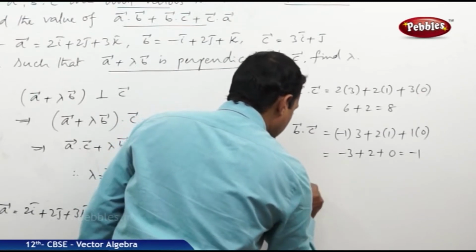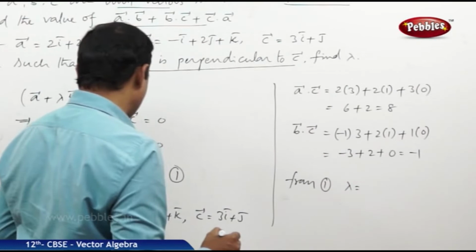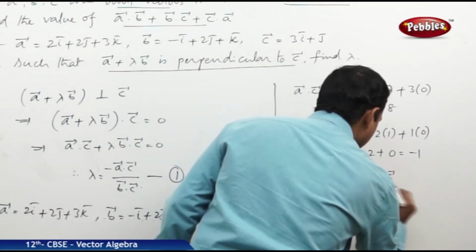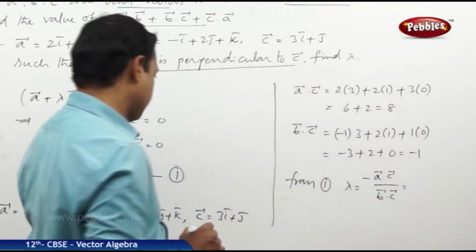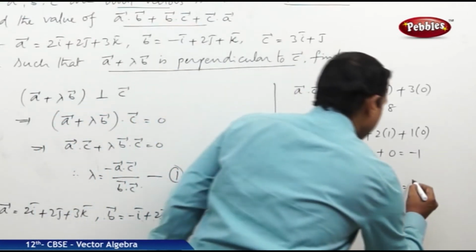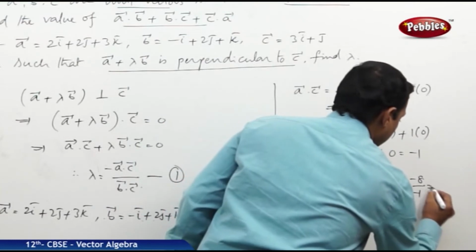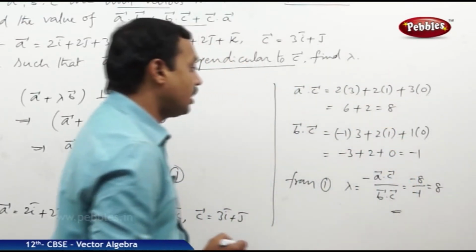So finally, from the earlier result, lambda is equal to minus A bar dot C bar by B bar dot C bar. A dot C is 8 and B dot C is minus 1, so minus 8 by minus 1 is equal to 8. Hence, lambda is 8.